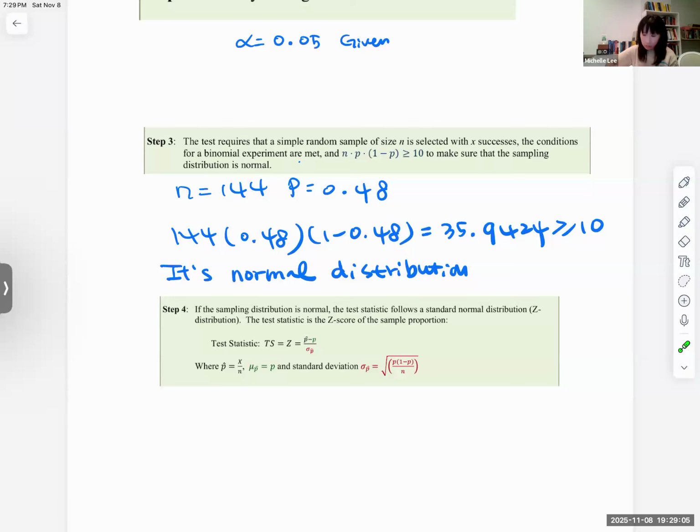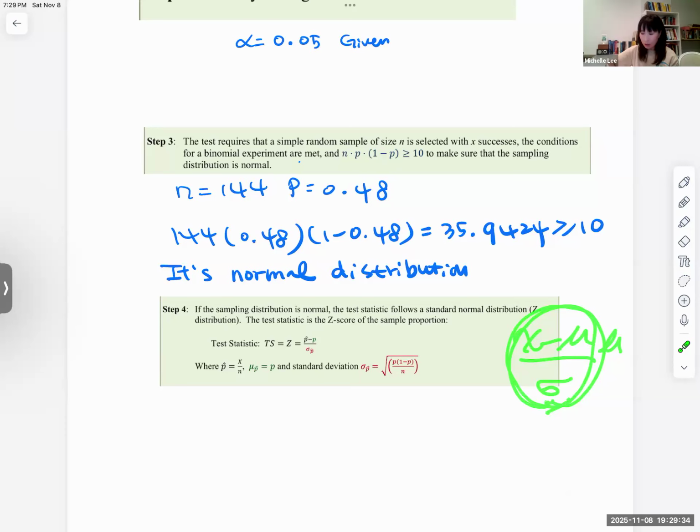So we had the z-score formula, x minus mu over sigma. It's the same formula.